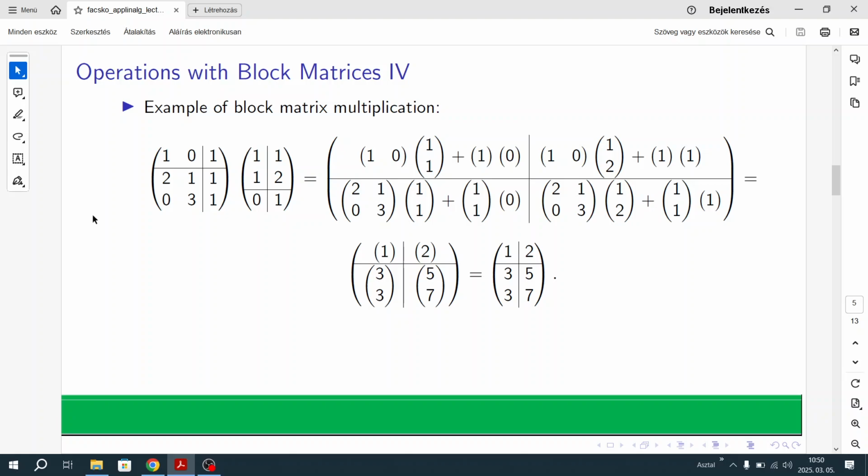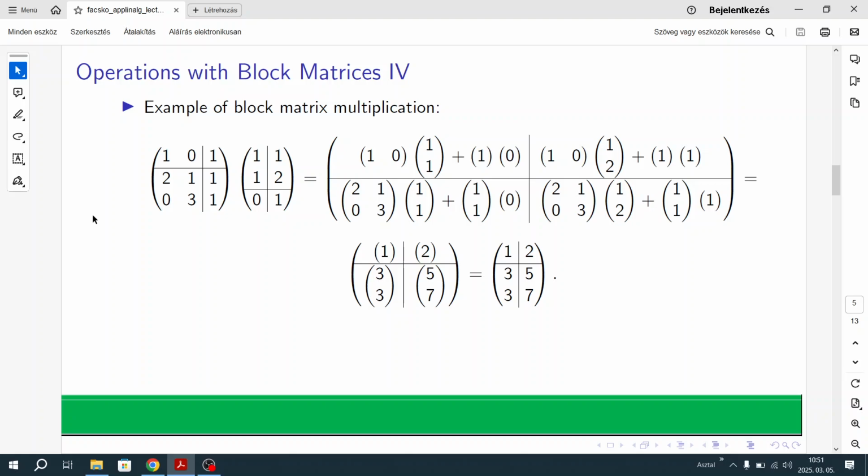So the first element here is the 1, 0. The second element, this is the first element of the first row of the first matrix, and then the first element of the first column of the second matrix is this 1, 1. So 1, 0 times 1, 1, nice.